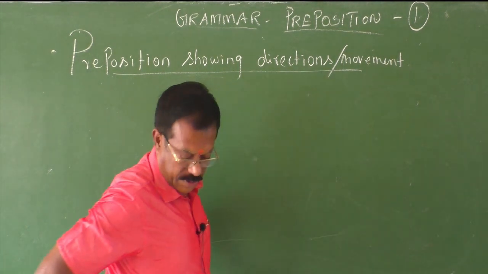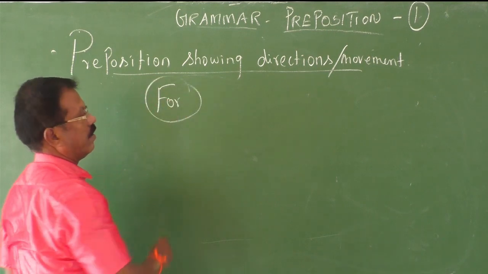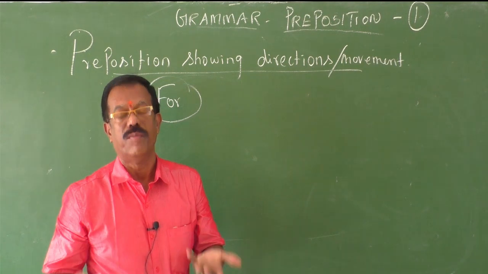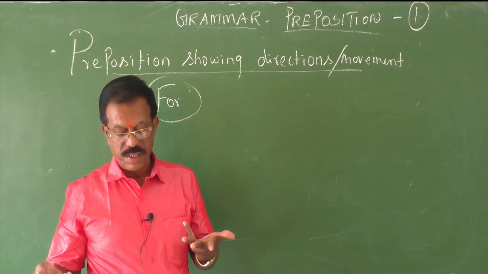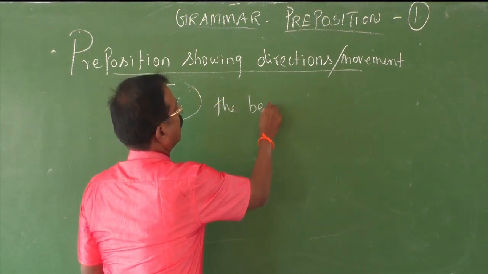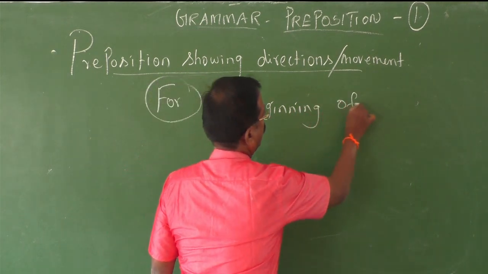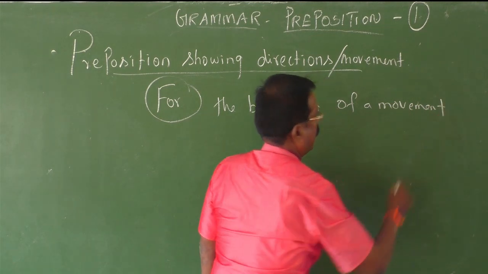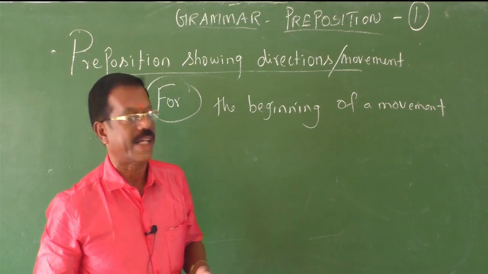Then we can use the preposition for. Where can we use this preposition? This for suggests the beginning of a movement. The workers left for the factory.